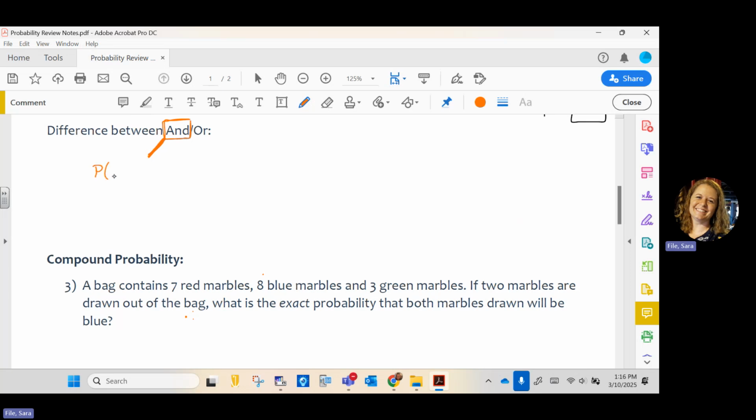So the probability of A and B would be written like this, with this symbol in between the A and B. That's called an intersection.